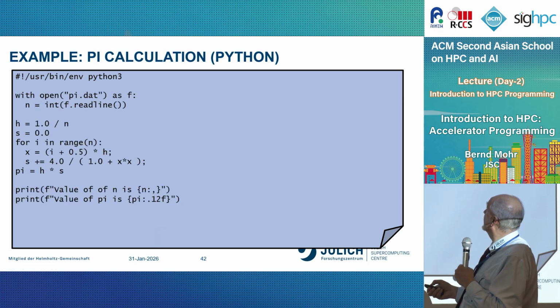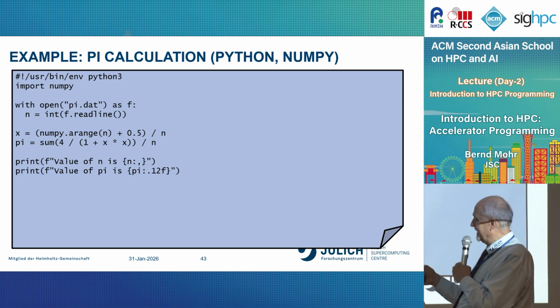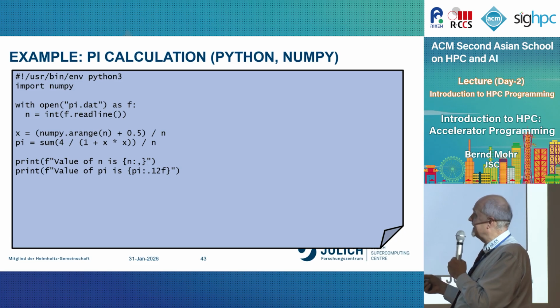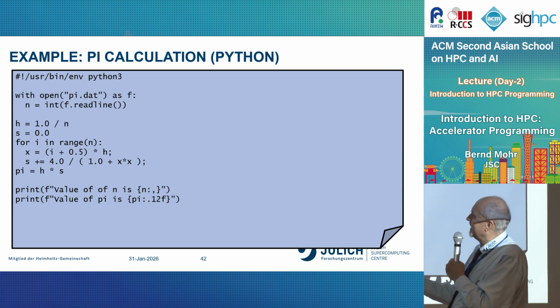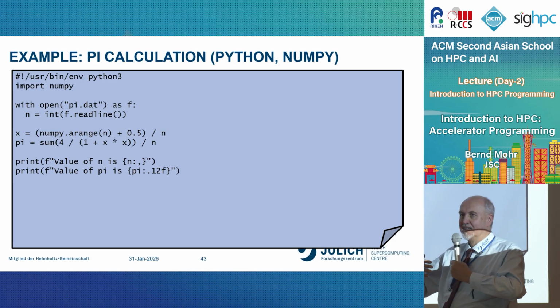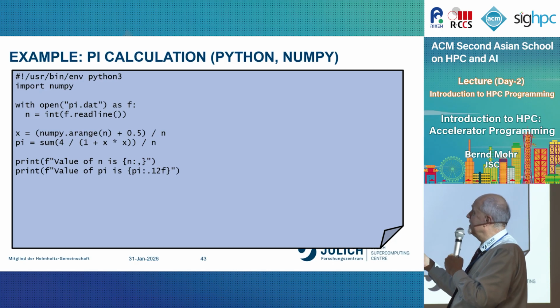So how does this look? That's the normal calculation. And then for NumPy, you basically say import NumPy, and then instead of doing an add and multiply, and a reduction with plus equal while you loop through it, you express it as vector operations. The first one is like an arange.